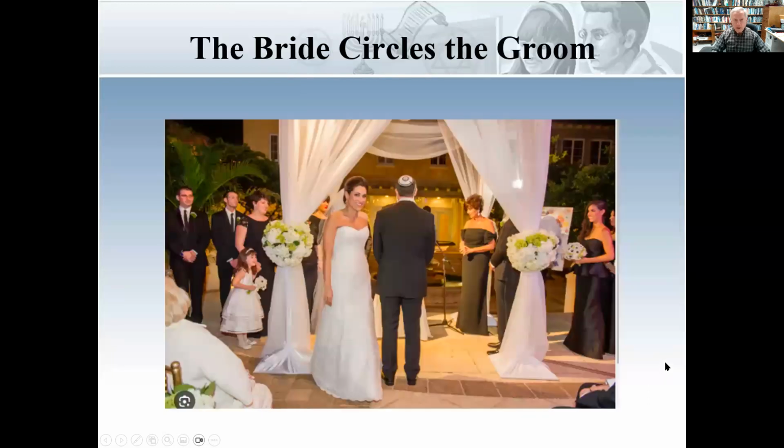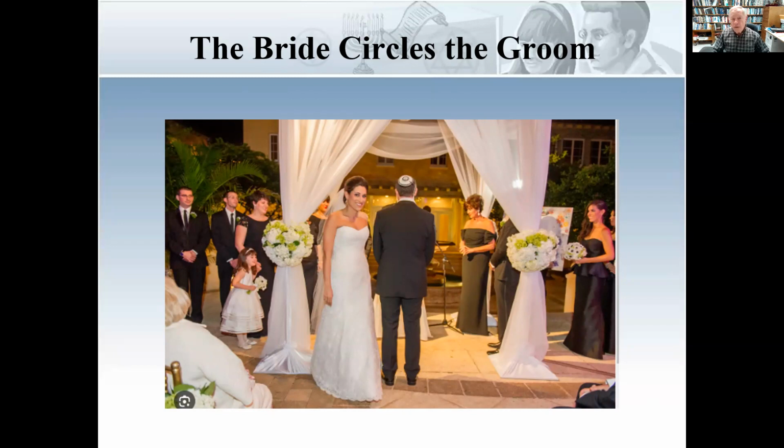The wedding, once the bride and groom reach the chuppah, there is a wonderful tradition. It's actually an Ashkenazi or Eastern European tradition of the bride circling the groom 7 times. And marriage is mentioned 7 times in the Hebrew Bible. One of the prophets speaks of the bride making a protective circle around her husband.